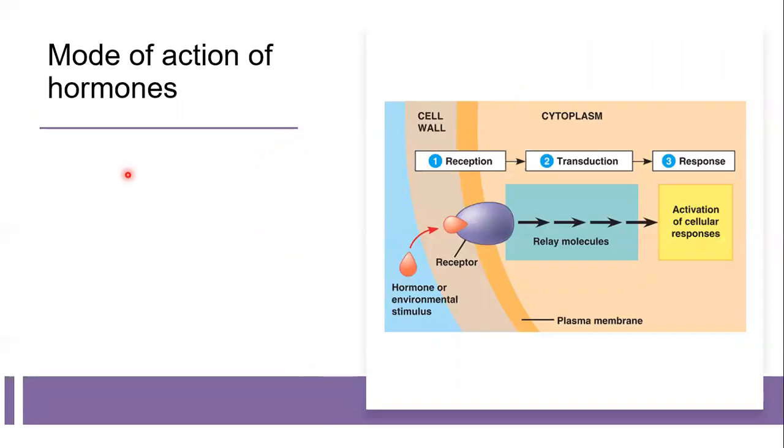All right, so in general, when we're describing the mode of action for hormones, we're going to look at cell signaling here. For example, the released hormone will bind to a receptor, any receptor cells, and then it will send a series of messengers so that it will start a series of reactions.